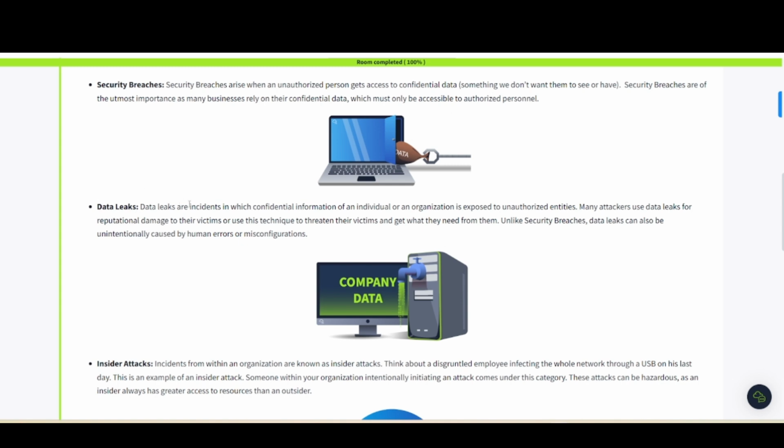Data leaks are incidents in which confidential information of an individual or organization is exposed to unauthorized entities. Many attackers use data leaks for reputational damage to their victims or use a technique to threaten their victims and get what they need from them. Unlike security breaches, data leaks can also be unintentionally caused by human errors or misconfigurations.